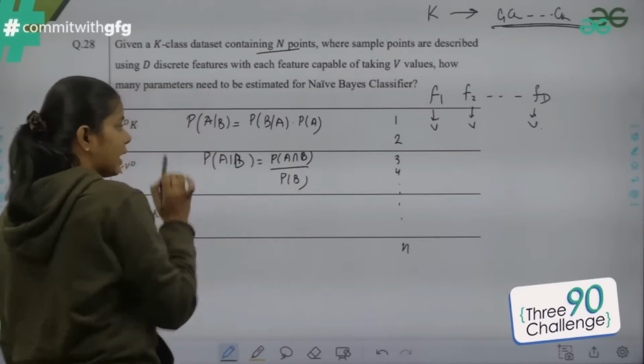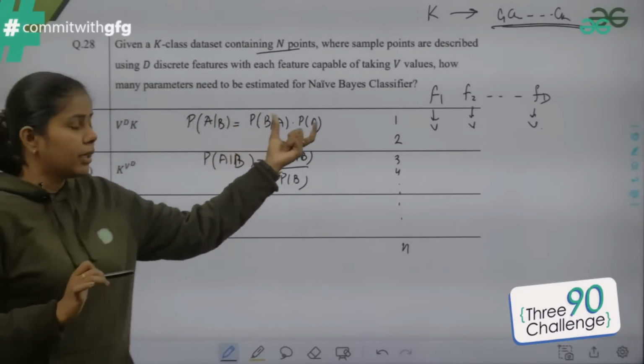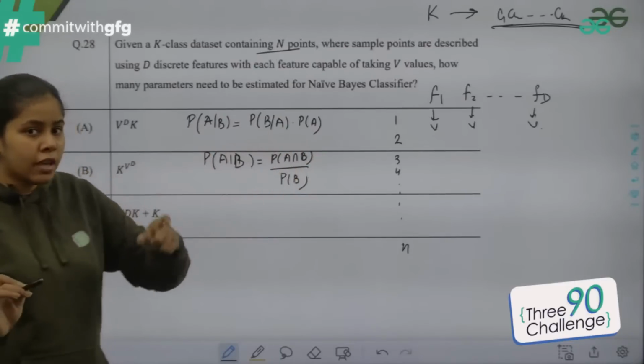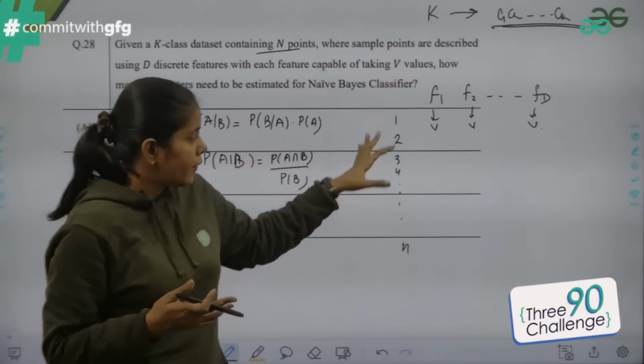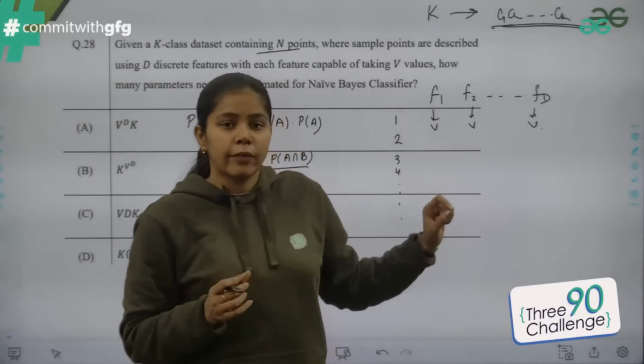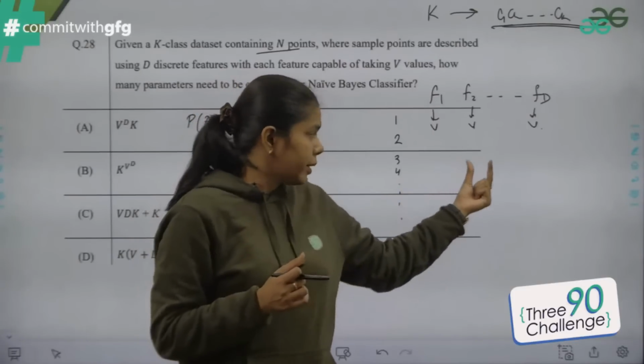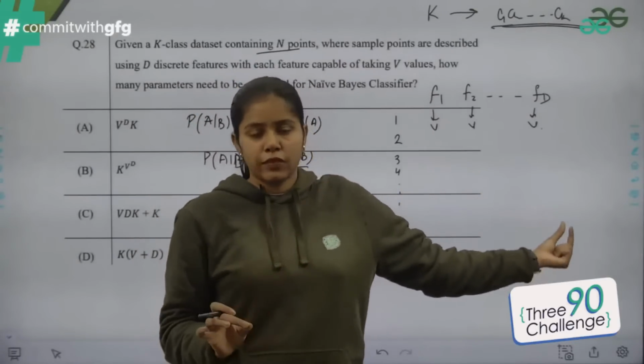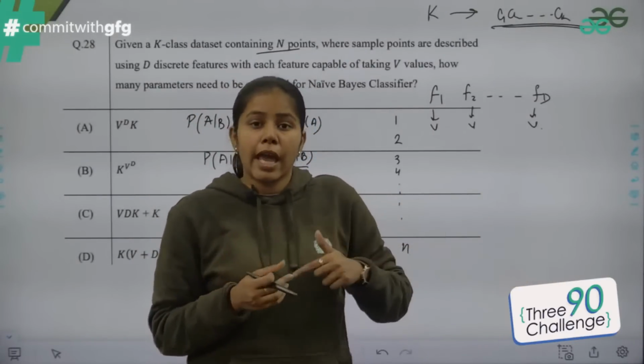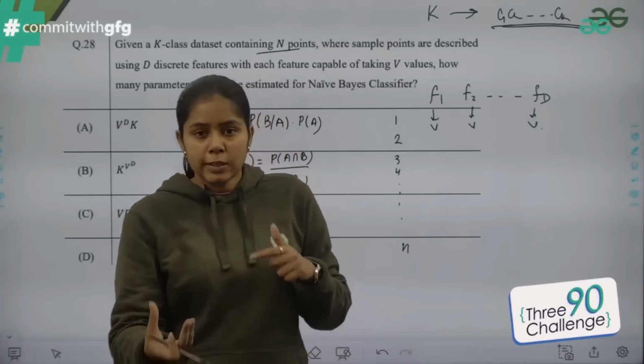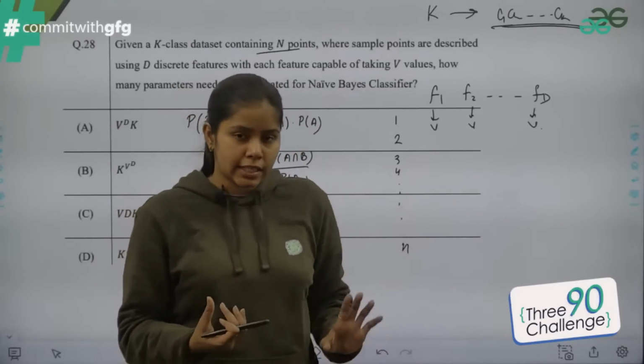So using that I get probability of a given b equals probability of b given a times probability of a. Now I have some features given. Let's suppose I have one value of feature 1, one value of feature 2, and up to the dth feature I have one value given. I want to know for this particular instance in which class it gets classified.